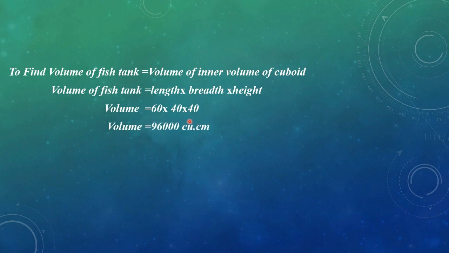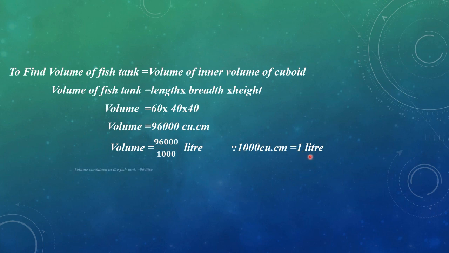So we get volume is equal to 96,000 cubic centimeter, and that is equal to 96,000 divided by 1000 liter. Since 1000 cubic centimeter is equal to 1 liter, the volume of the water contained in the fish tank is 96 liter.